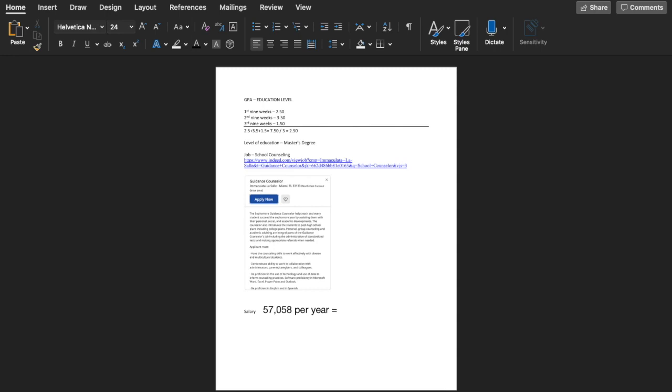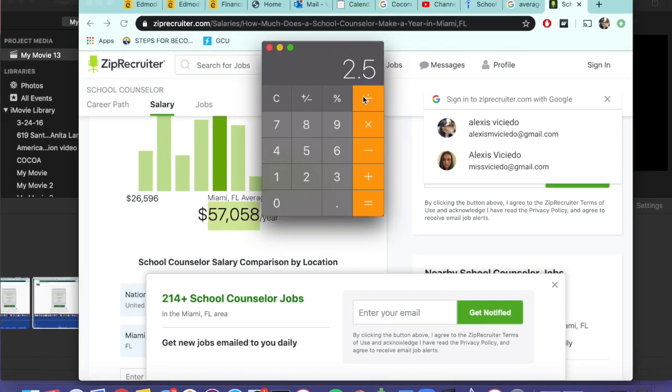To find out how much we would be getting monthly, we would get the number $57,058, and since this is per year, we're going to break this off into per month. The way we'll do that is we will divide it by 12, because there are 12 months in a year.